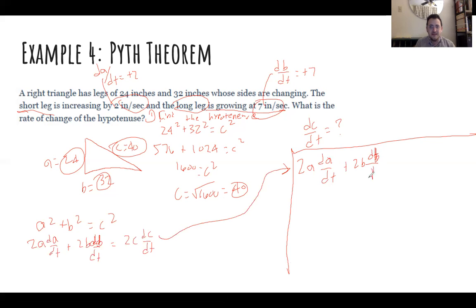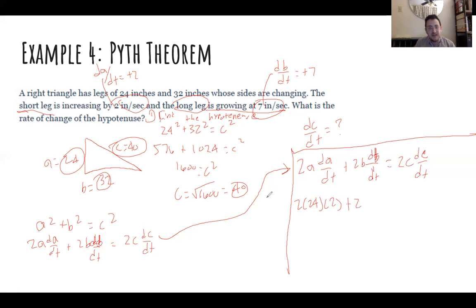So I put in A: 2 times 24, and my dA/dt is 2.